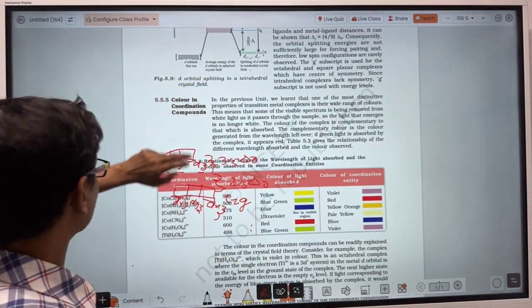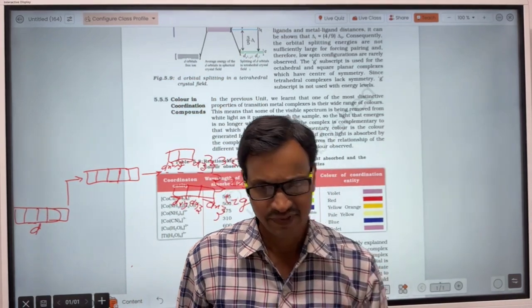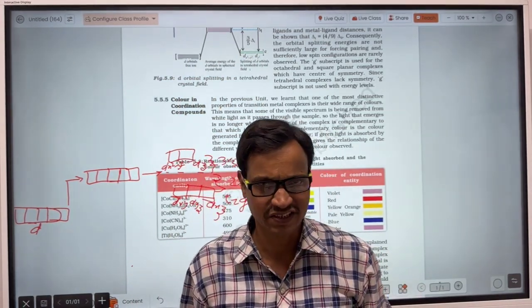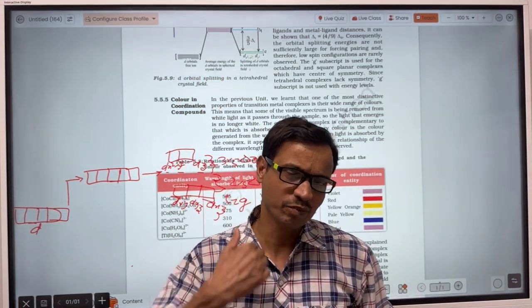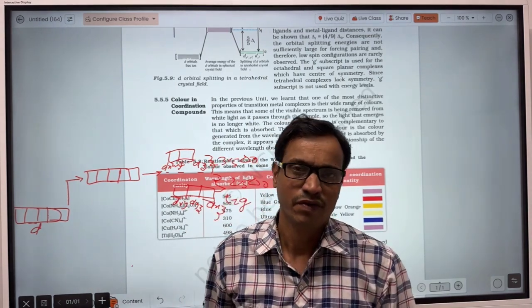And in the case of the tetrahedral complex also, the electron present in the E energy level will absorb some magnitude of energy, and the remaining portion of energy will reflect back.